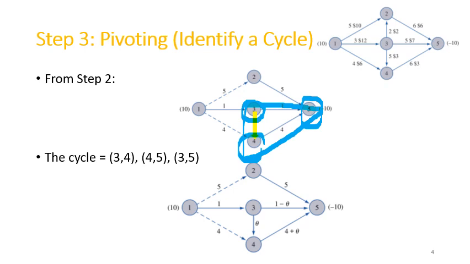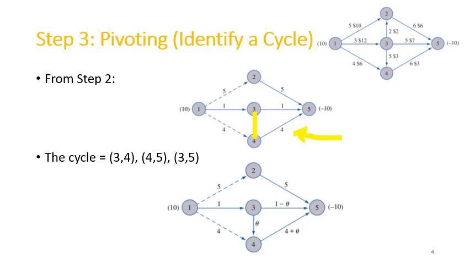So let me erase this a bit. What we're going to do with the cycle is that first, we look at the non-basic variable that we would like to enter into the BFS, x34, because currently x34 equals 0.